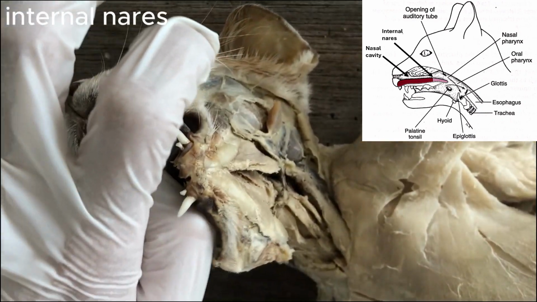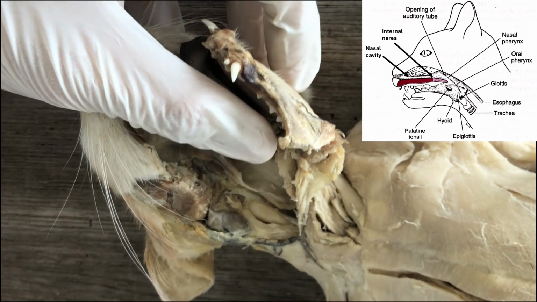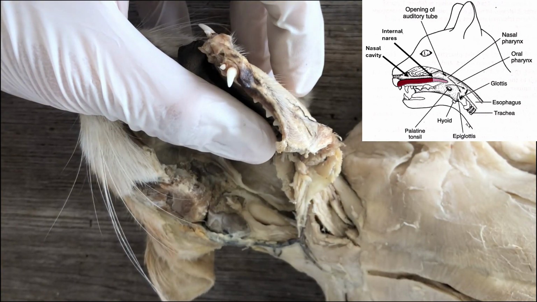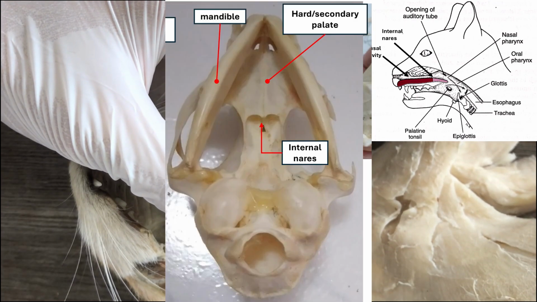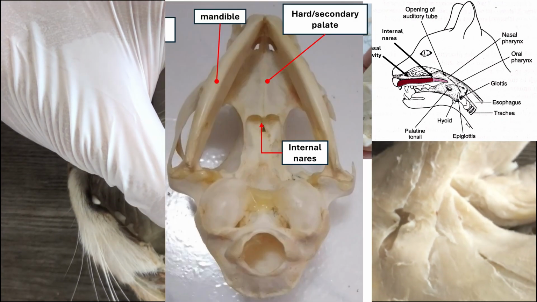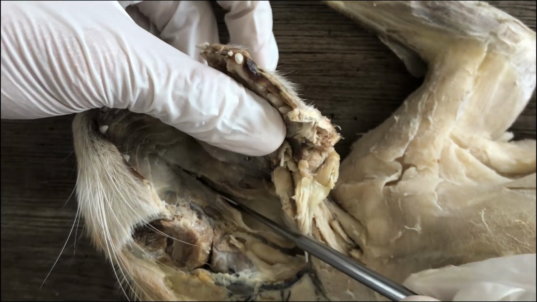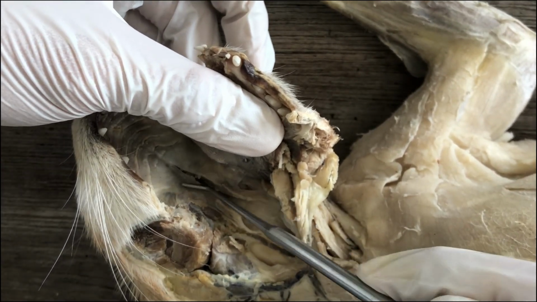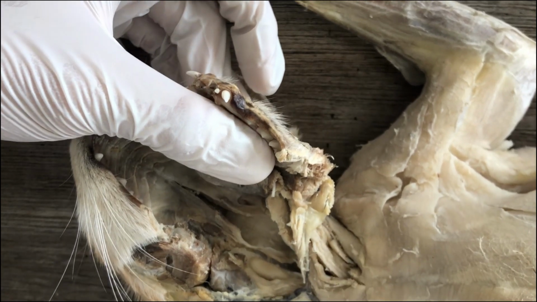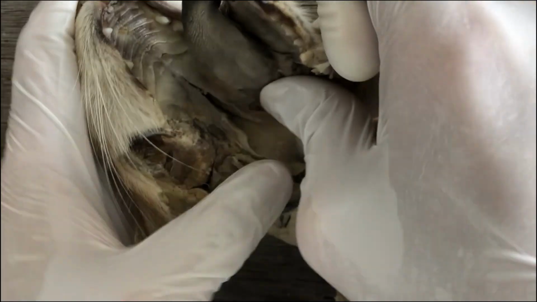So if you remember our skeletal unit, the ventral view of the cat skull shows the internal nares, which leads to the nasal cavity. So this is the nasopharynx, which will lead to the internal nares, and then eventually up there you will reach the nasal cavity.